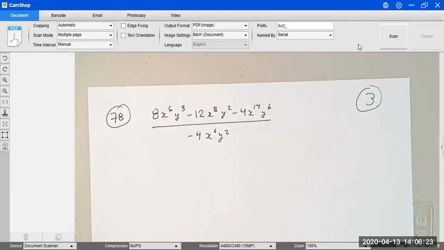So now solve this problem and send me your answer via chat.